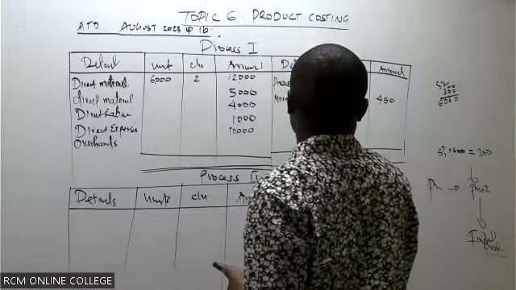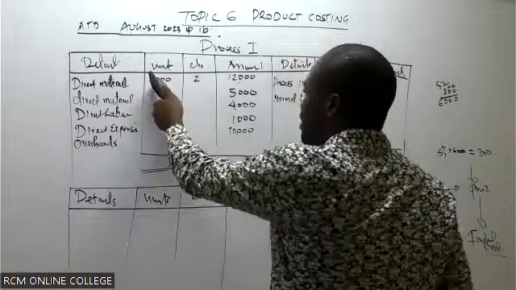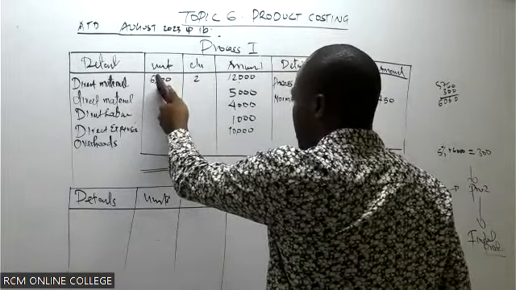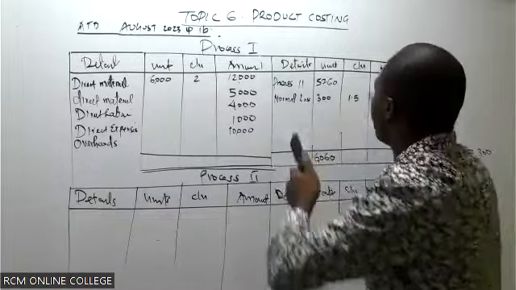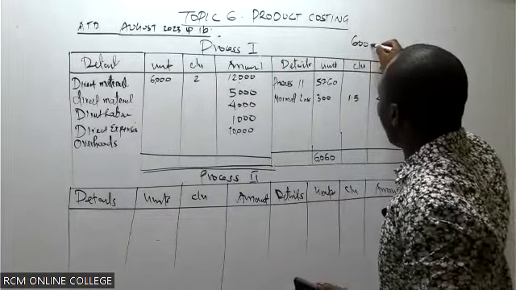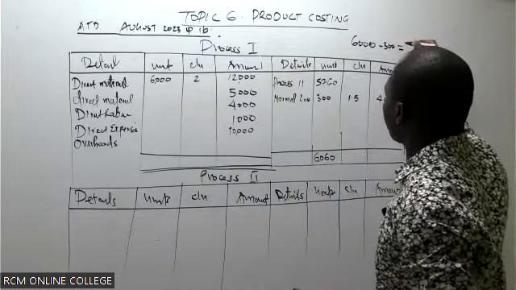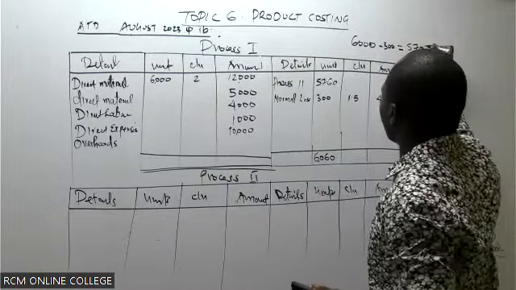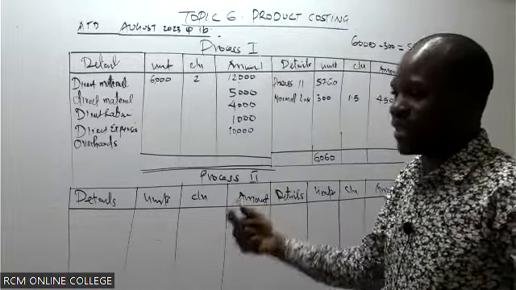You brought in 6,000. The normal loss we have been told here is 5%, which is 300. So if you brought in 6,000, normally you are expected to lose 300. So you are going to have 5,700 as what's supposed to be transferred to process 2 under normal circumstances.